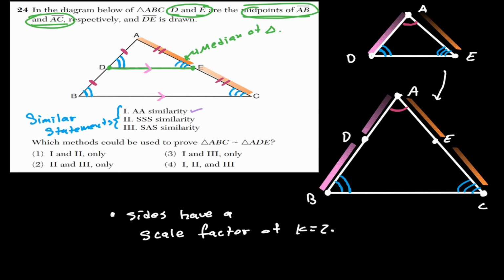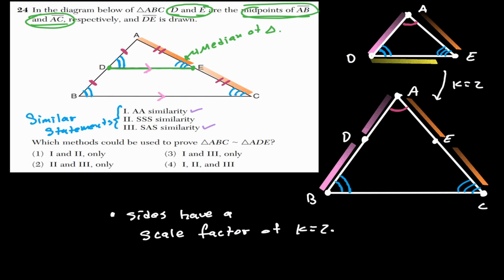Because E was the midpoint, we can say that AE is half of the line segment AC. So notice that when it comes to the sides of those triangles, there is a scale factor. If we go from the small triangle to the big triangle, there's a scale factor of 2 when it comes to the sides. So now we have met the criteria for side angle side. Notice that we have two sides that have the same scale factor and the angle between them, which in this case is angle A, is congruent to each other.